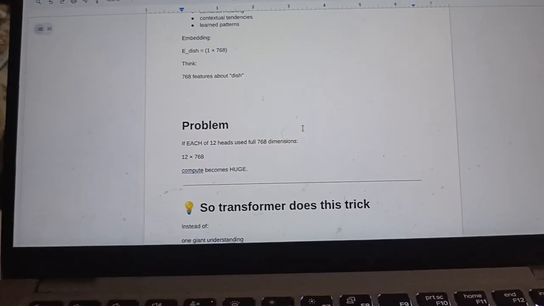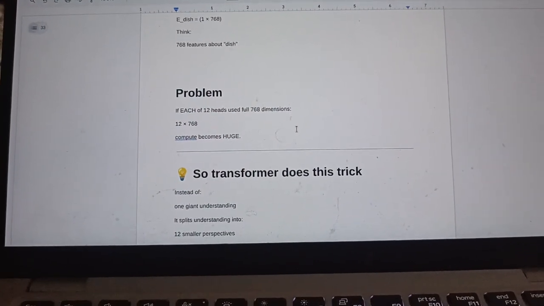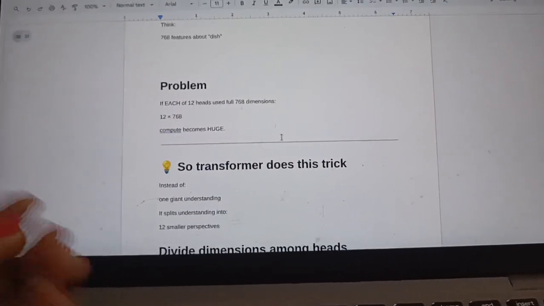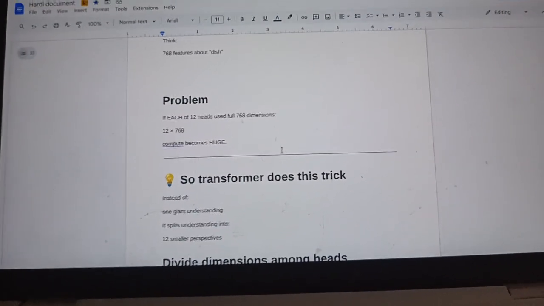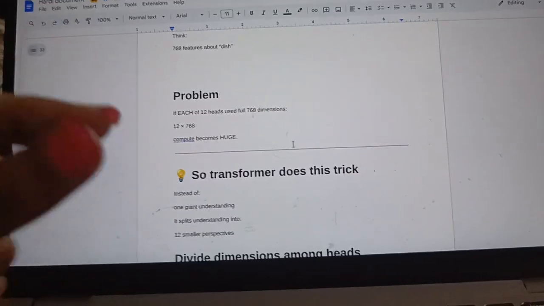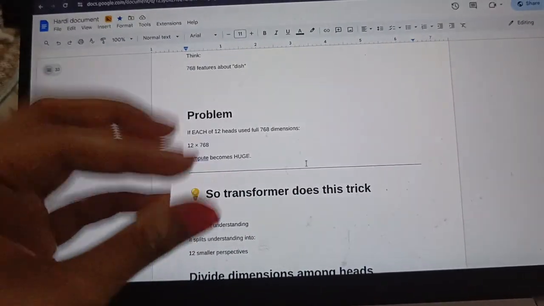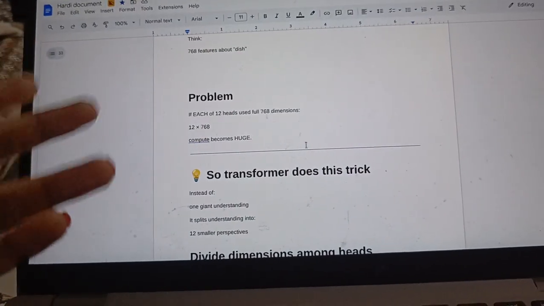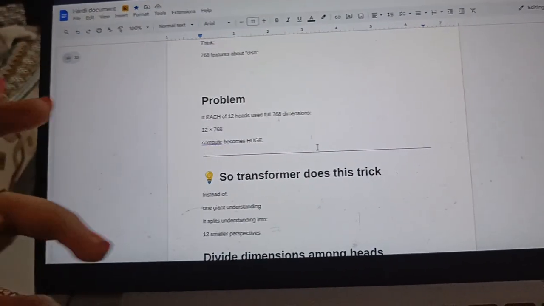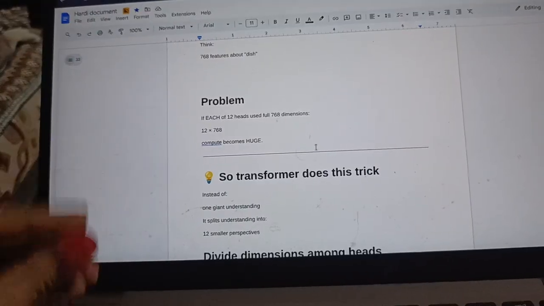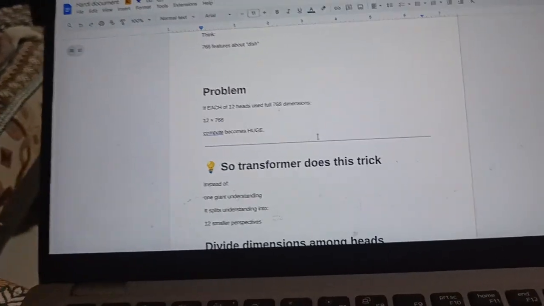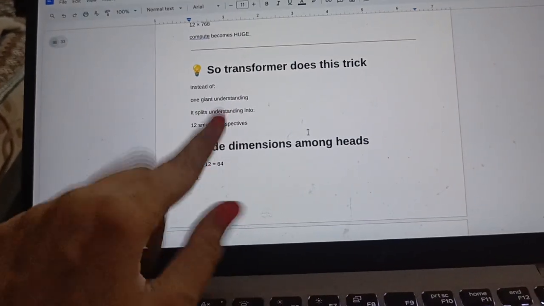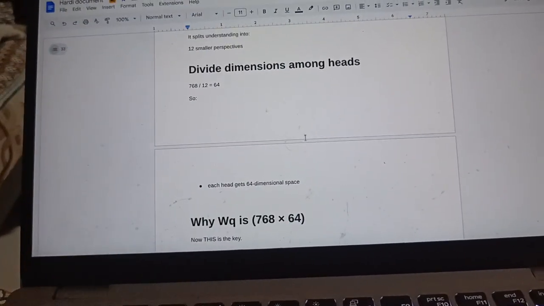Got it? Now each of this has 12 heads, as I'm taking BERT as an example. Now 768 is too much to compute for each head. So it divides 768 by 12, that's 64. So it gives 12 smaller perspectives of the same thing, right?